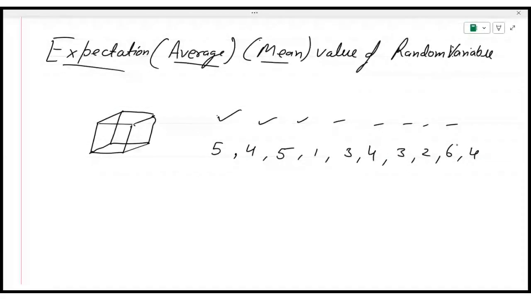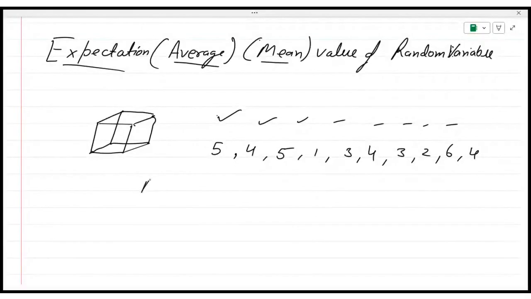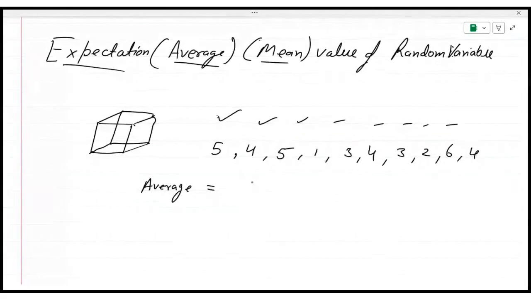Now I ask you to find the average of these numbers. Find the average. Average here means just add them and divide by the total number of things. So sum of the numbers is 37. How many numbers are there? 10. So I found the average is 3.7. Okay.